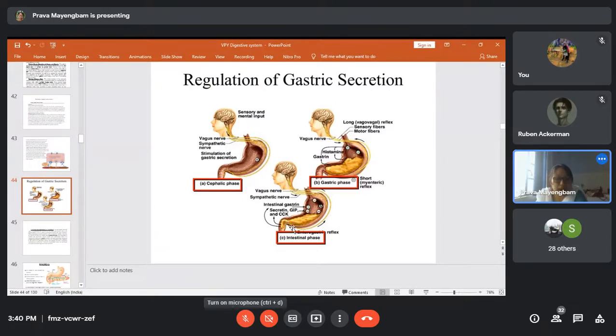Those are also going to lead to the secretion of HCl. So if somebody asks, you can say that it happens in 3 phases: cephalic phase, gastric phase, and intestinal phase.